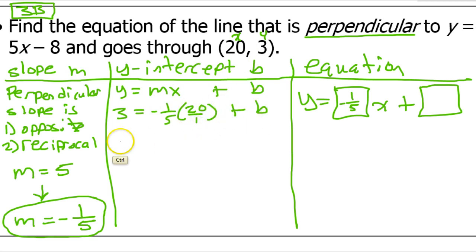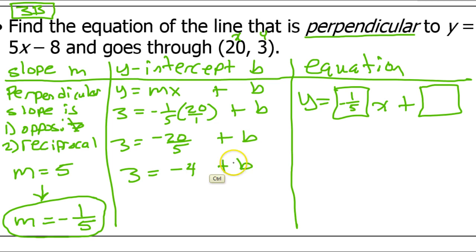This is like having 20 over 1. So I have 3 is equal to negative 20 over 5, just multiplying straight across, plus b. So that's 3 is equal to negative 4 plus b. Negative 20 divided by 5 is negative 4. Then I would add 4 to both sides, and I get 7.